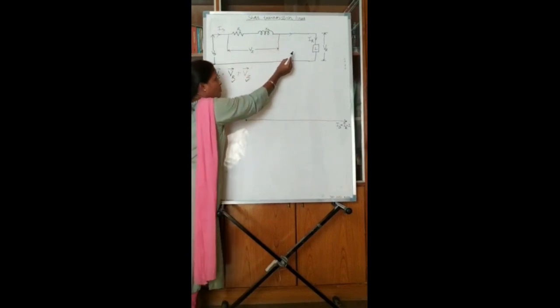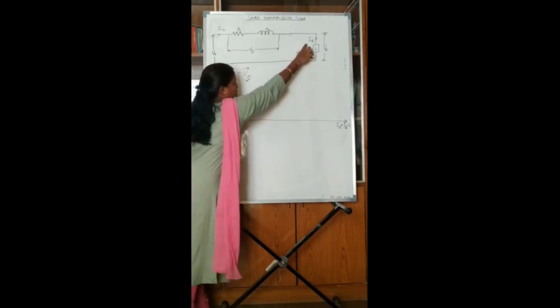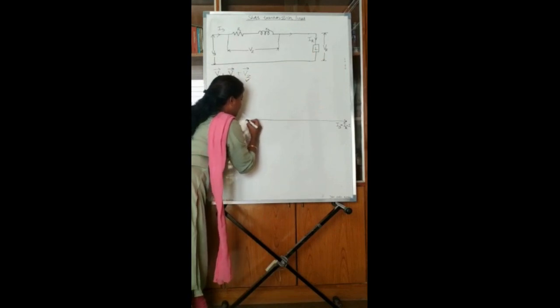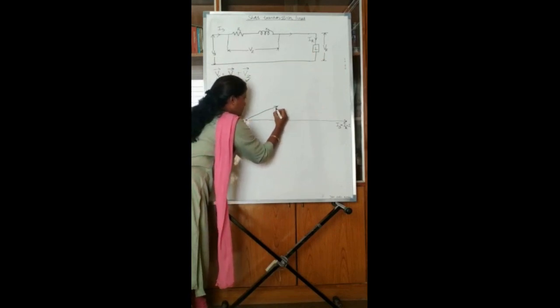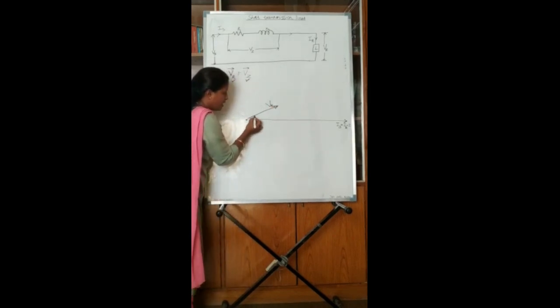With respect to this current, this voltage leads by some angle. That I am writing here. I am calling this VR. The angle between IR and VR is phi R.